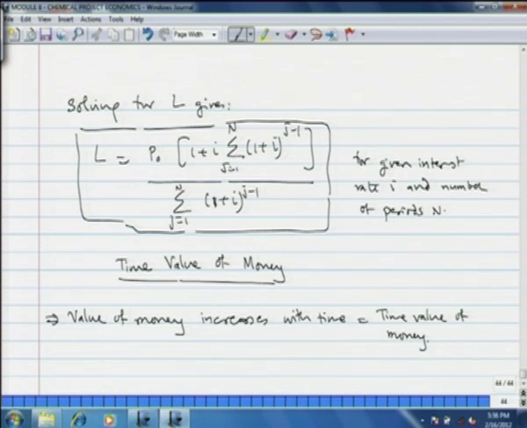The investment could be in various forms. It could be savings account, fixed deposit, recurring deposit, bonds, stocks. So, wherever we invest money, we have to see that the money grows with time.